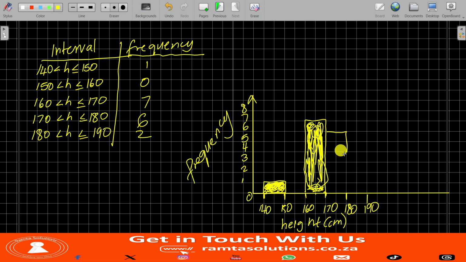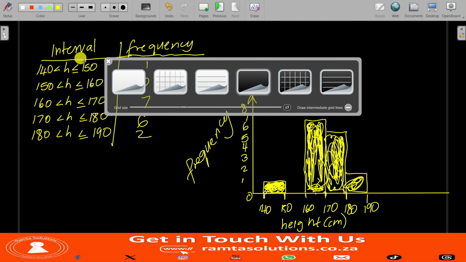All right. Now, for 180 to 190, the frequency is 2. Where is it? Here it is. It's 2. Now let me remove the black thingy there.